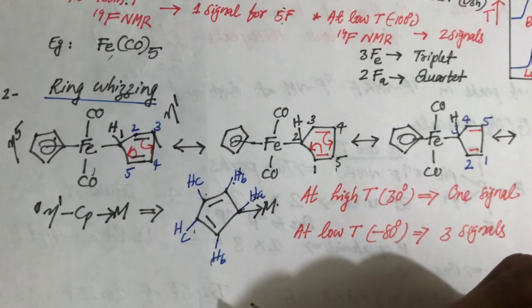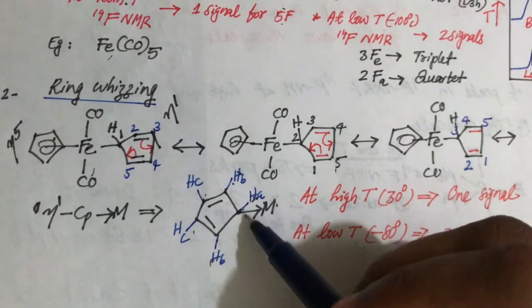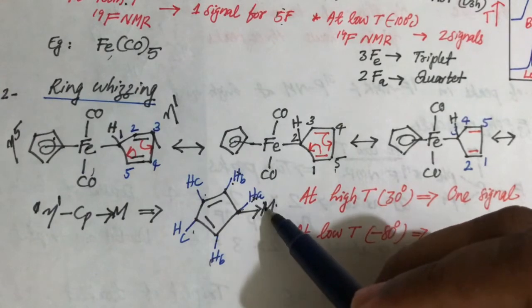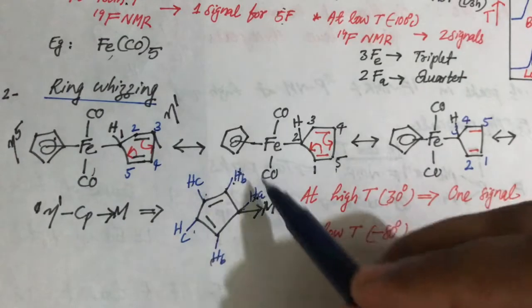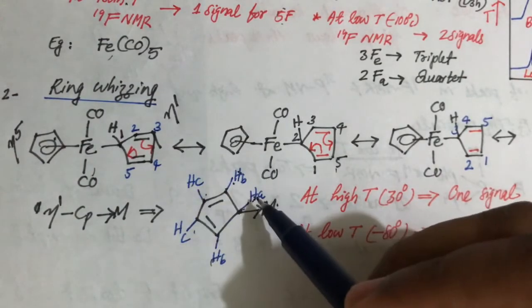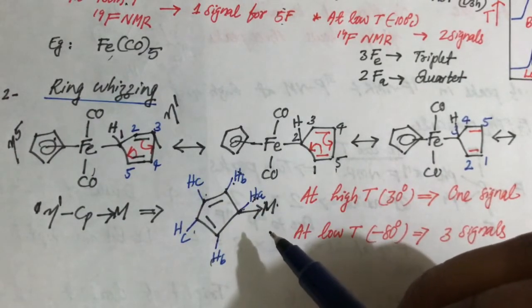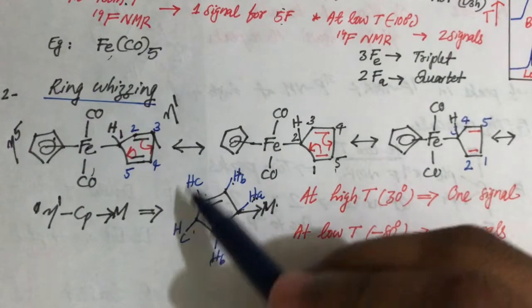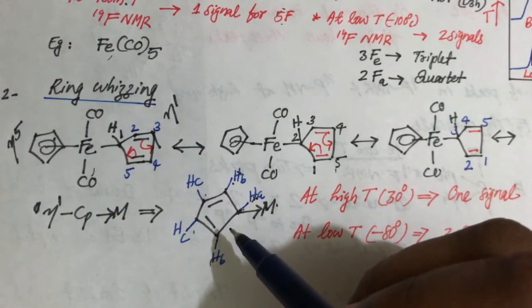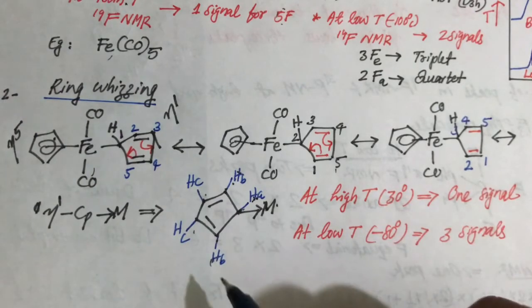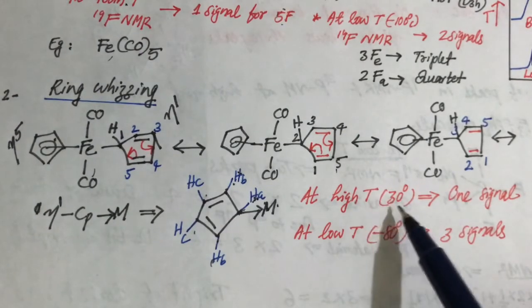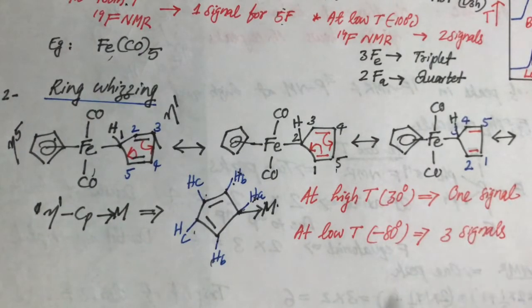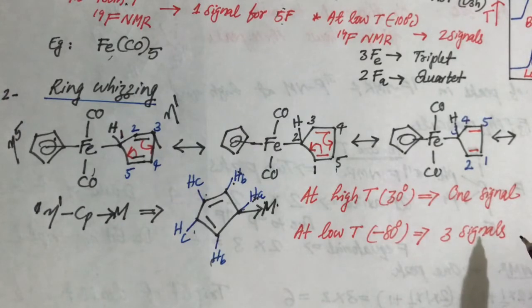Now at higher temperature we know that ring whizzing takes place. All the hydrogens become the same at high temperature due to fluxional behavior. So all these 5 hydrogens give you a single peak at high temperature, say at 30 degrees Celsius, one signal.